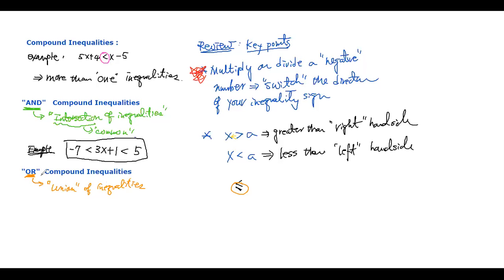Then if it's an or compound inequality, what does that mean? That means you union, you combine both. That's it. And remember the review: if you multiply or divide by a negative number, do not forget to switch the inequality sign.